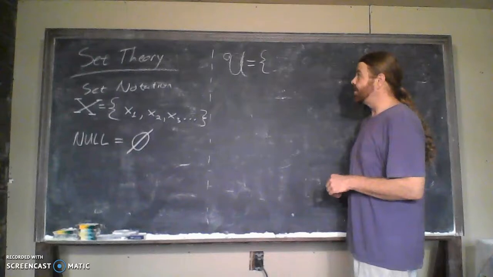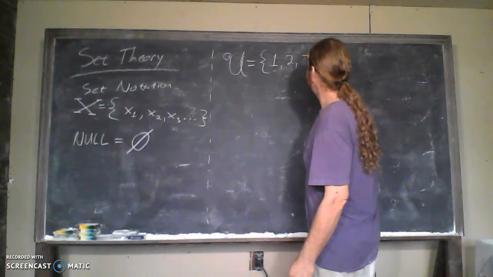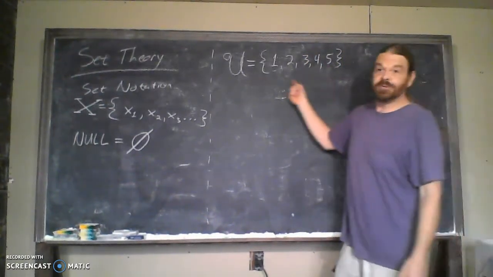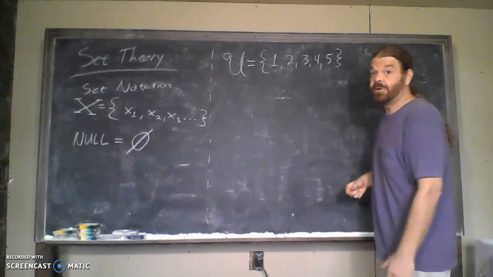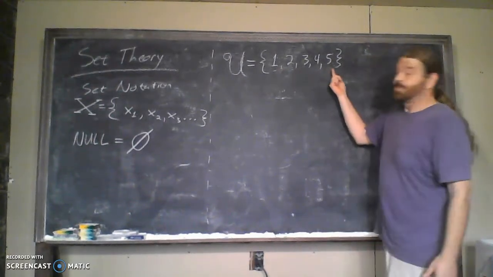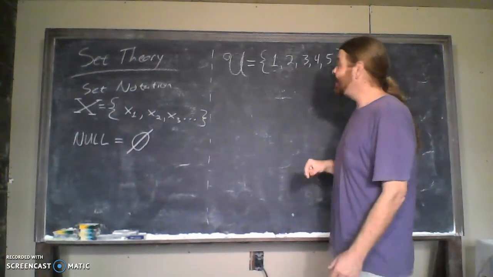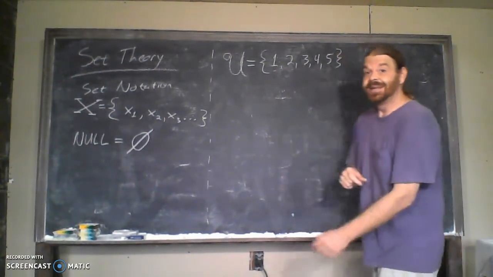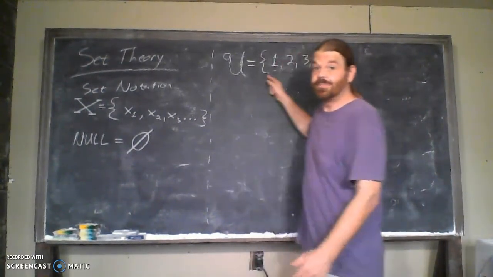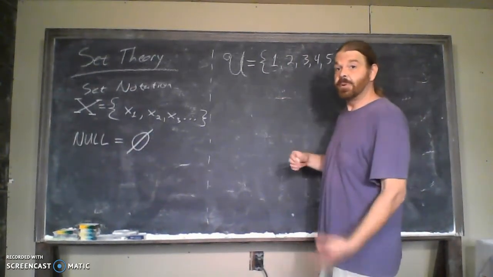So let's put a few here, something we can count on our fingers: the numbers 1 through 5. Instead of working with an infinite number of numbers, everything we're going to do can be done with 5 numbers, just a handful to work with. It makes things easier because there's a lot less to deal with.